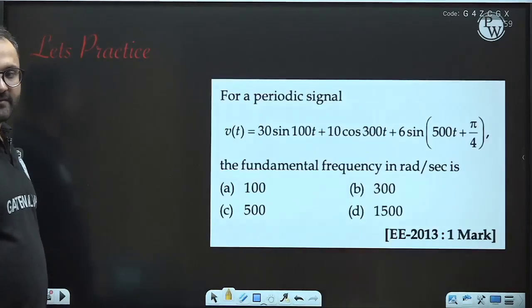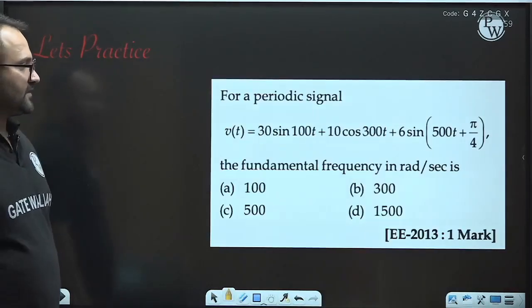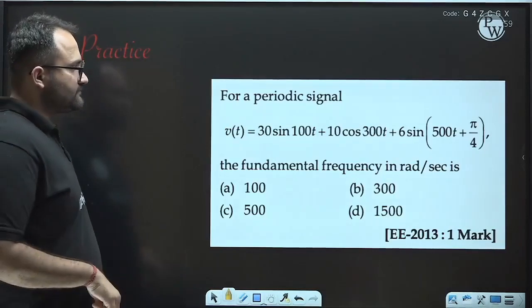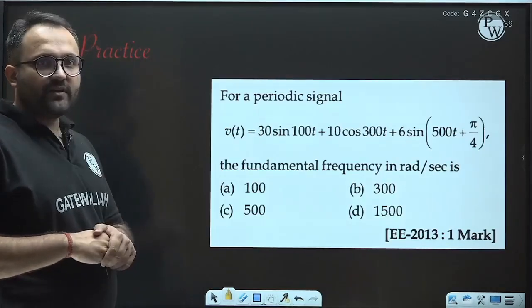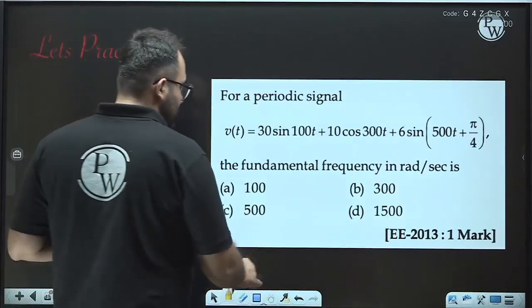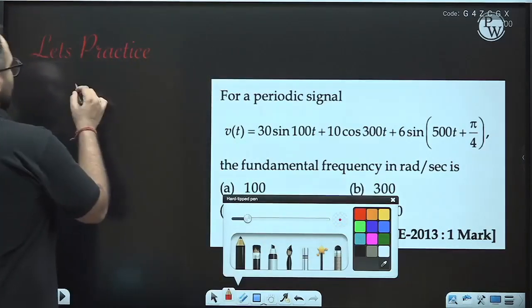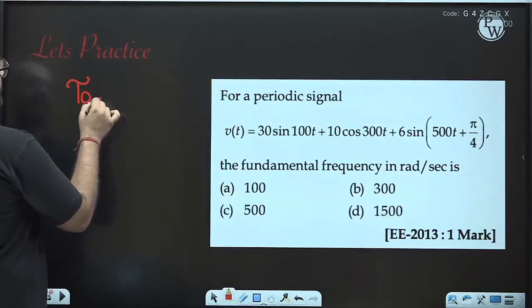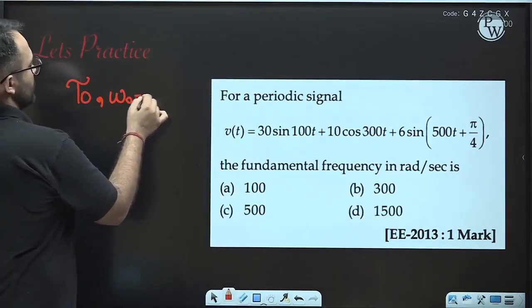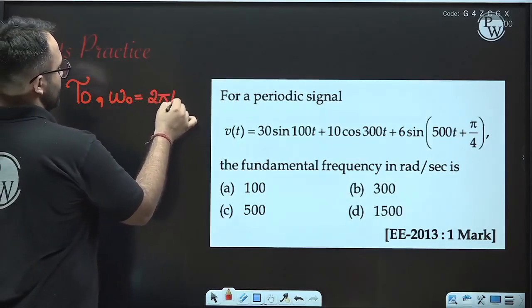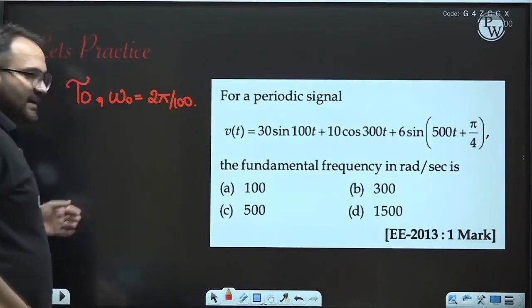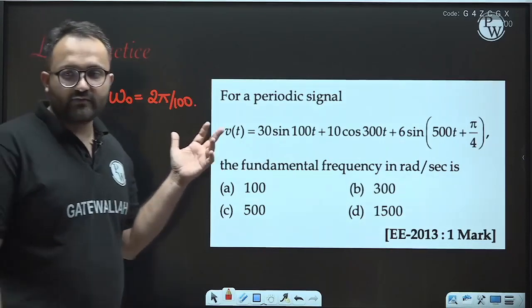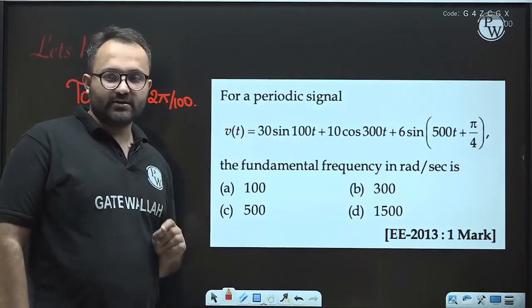Great. Next, this signal, fundamental frequency. We know that we simply find out the time period, and fundamental frequency will be equal to 2 pi upon time period. That is the normal method that we have seen in chapter 1, but there is one more method.